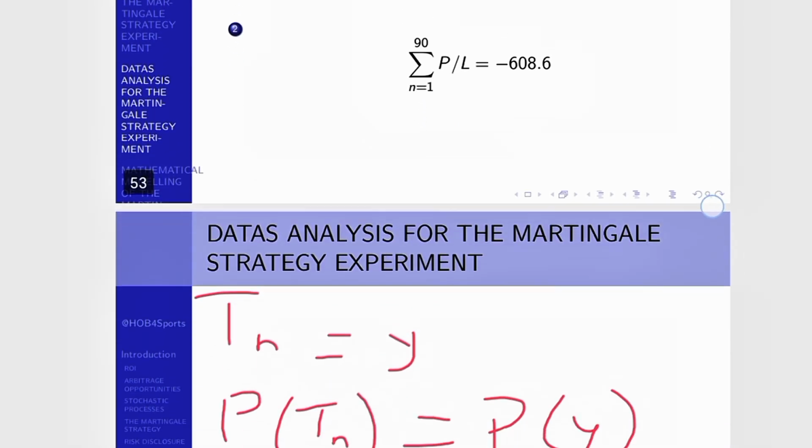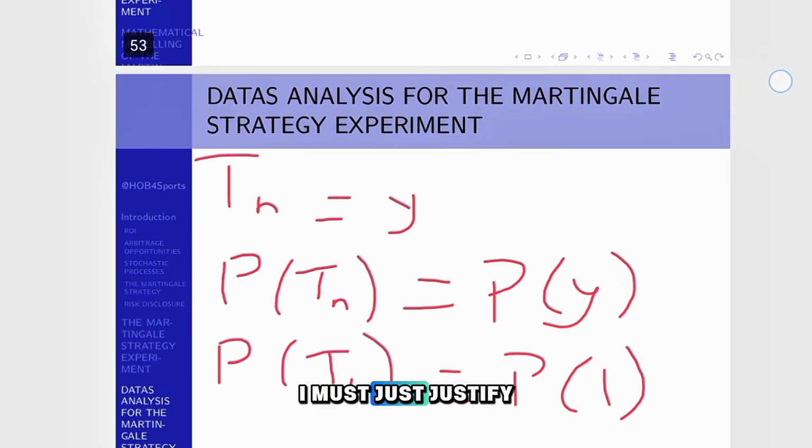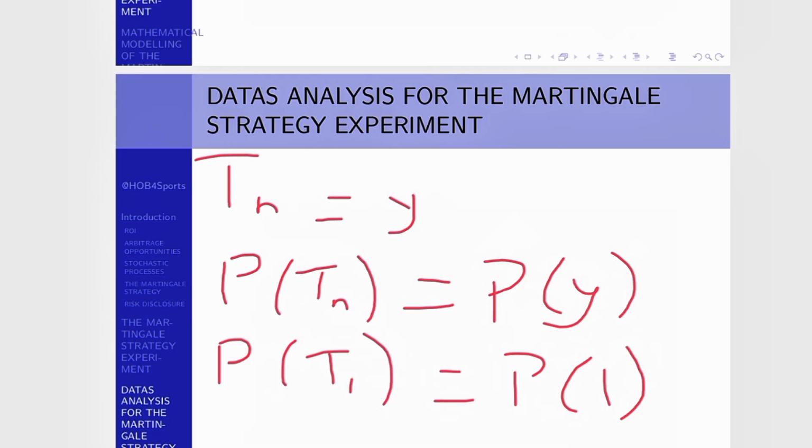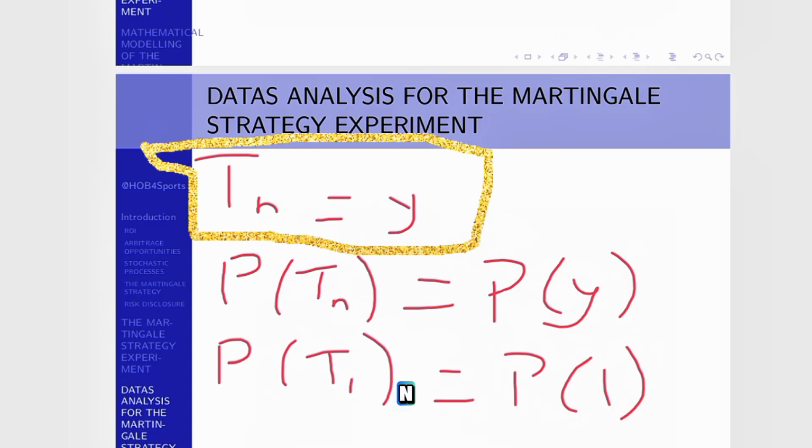Now I must just justify one thing, as I try to connect the geometric probability distribution to the Martingale experiment I'm currently doing. So in our case we have Tn.